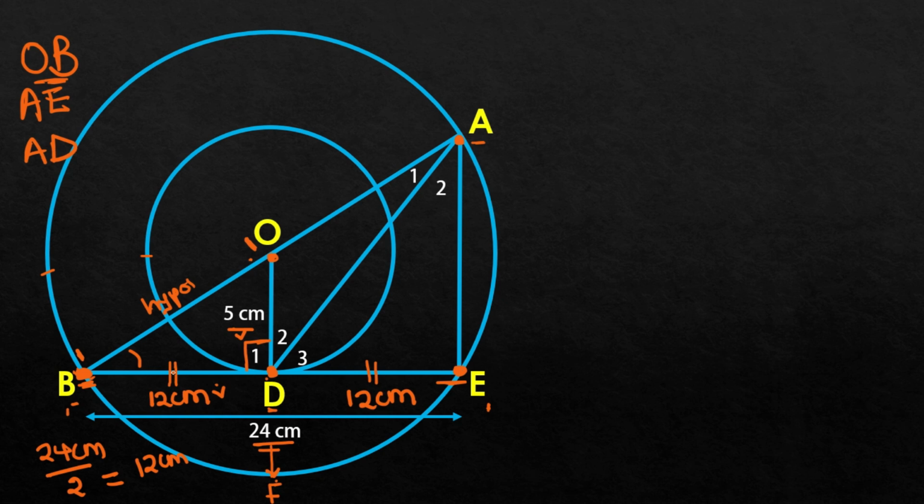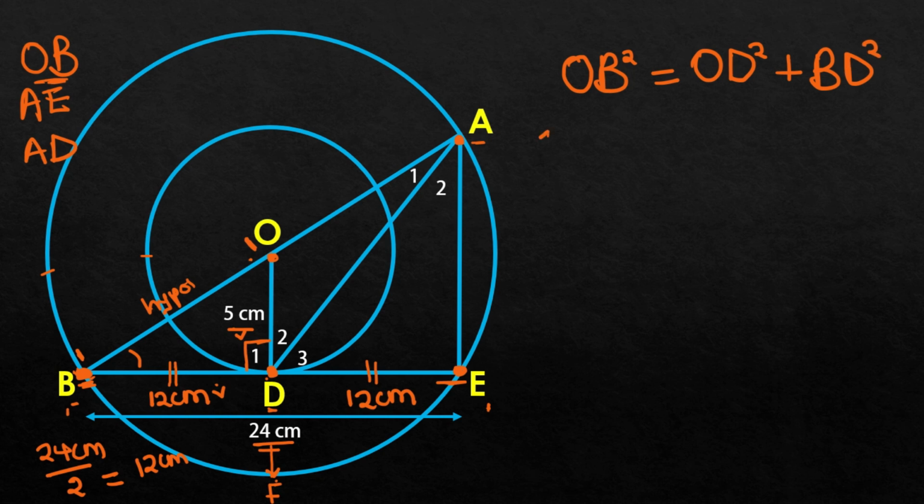And therefore we're going to say OB, or BO, OB squared is equal to OD squared, which is the opposite side, plus BD squared.